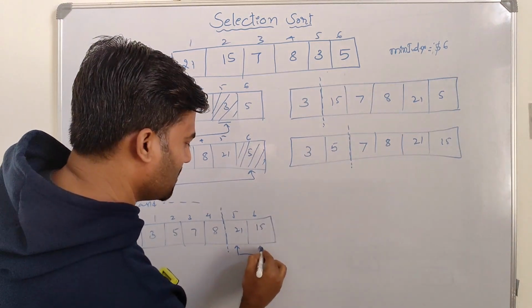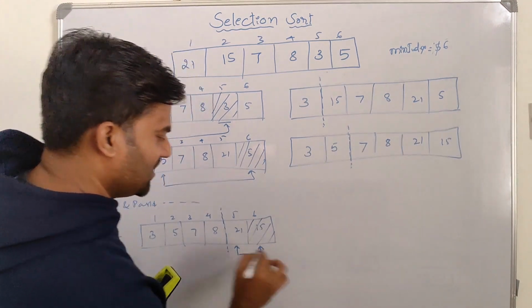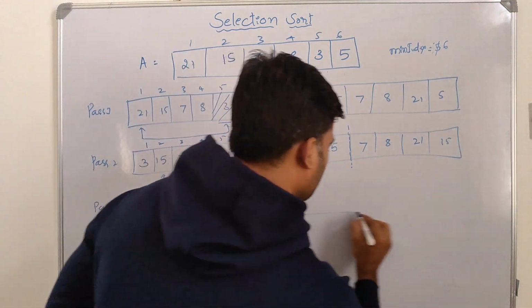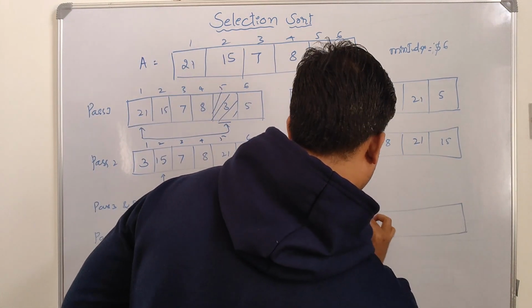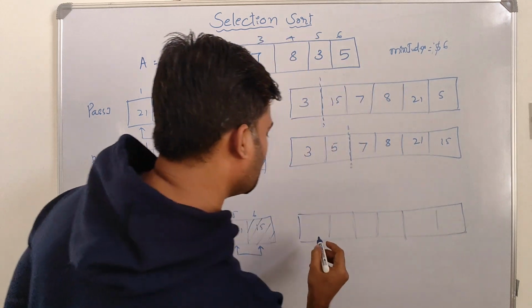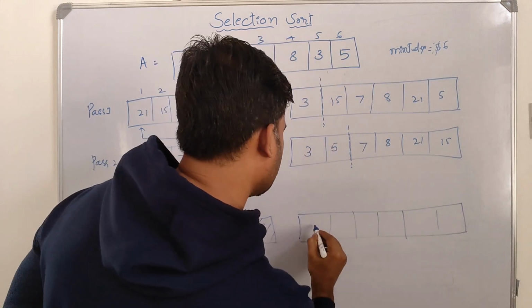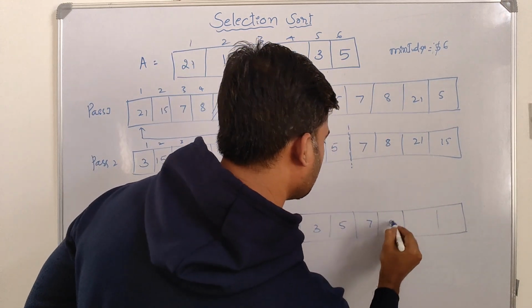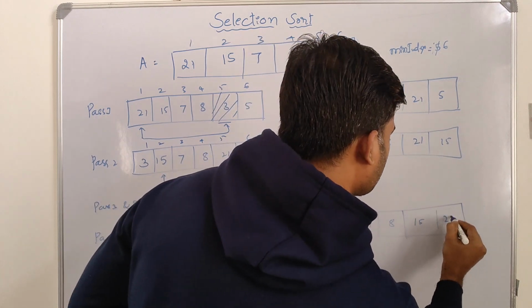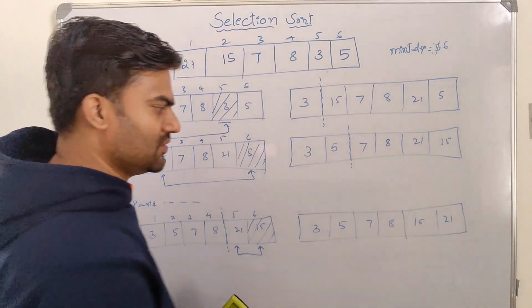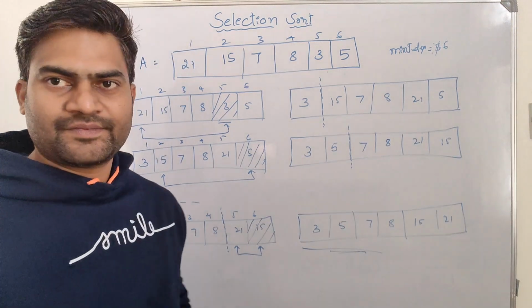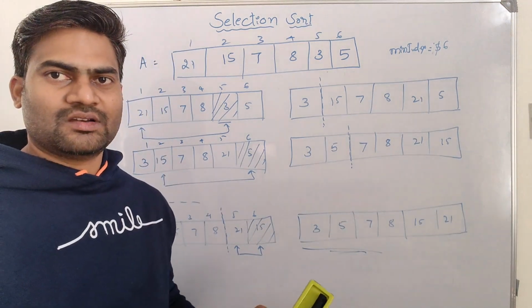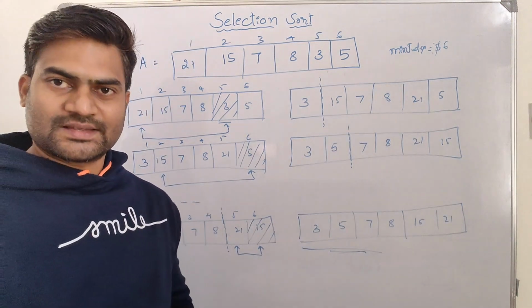So I will simply swap that. So my final output at the end of 5th pass, I get 3, 5, 7, 8, 15 and 21. So this is our sorted array. So this is basically how the selection sort works.